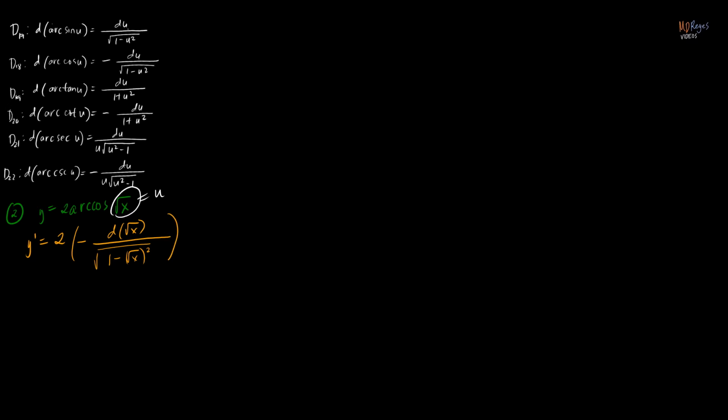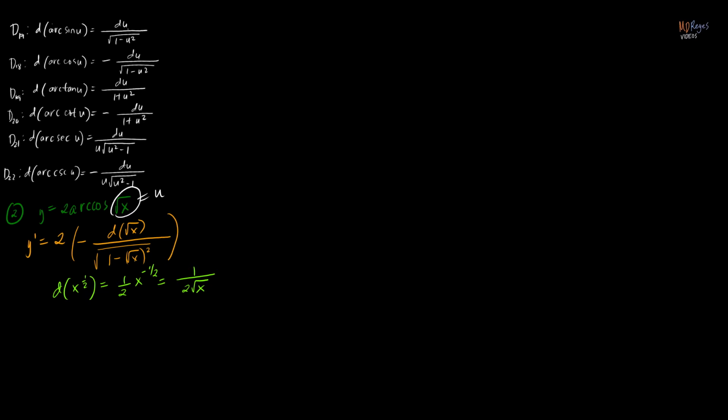So what is the derivative of square root of x? That is the derivative of x raised to 1/2. Using the power rule, we'll have 1/2 x raised to negative 1/2, or that's 1 over 2 square root of x in simplified radical form.